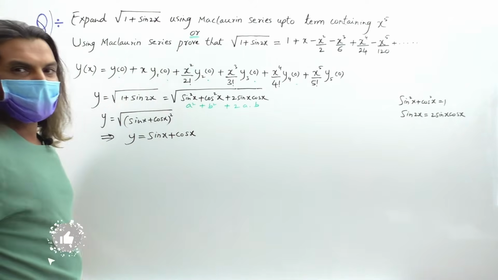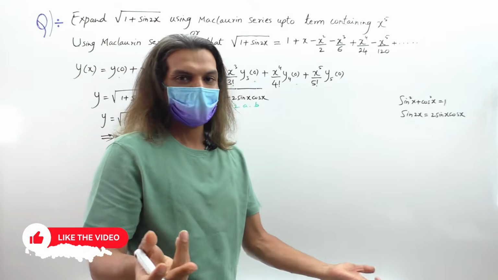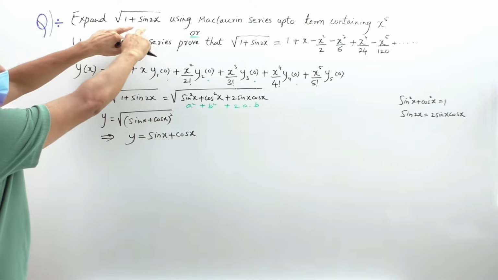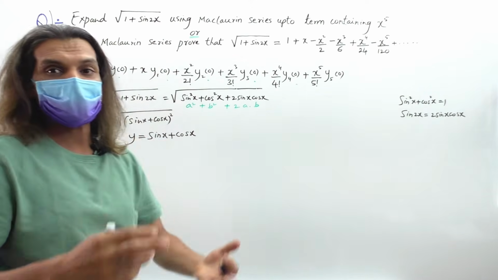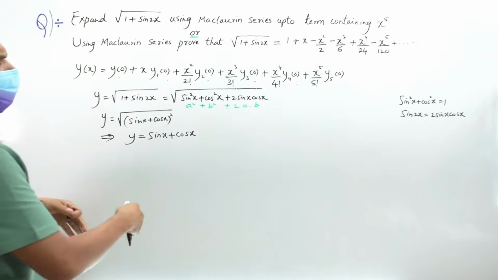See how easy it is. It differentiates 1 time, 2 times, 3 times, 5 times, 10 times, 100 times. It's very easy. So from this complex function root of 1 plus sin 2x, I used my trigonometric identities and brought the question to a very simple form.